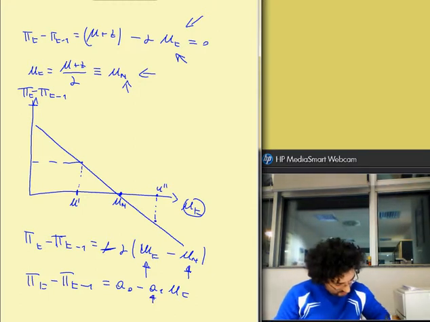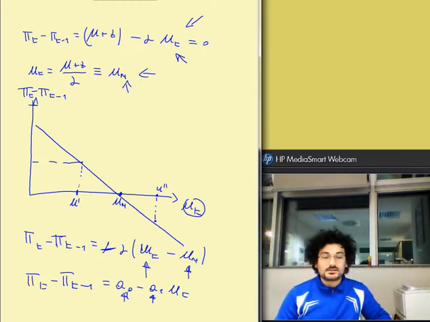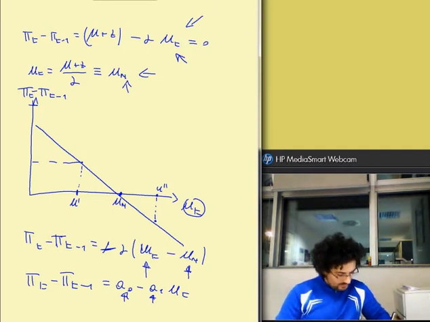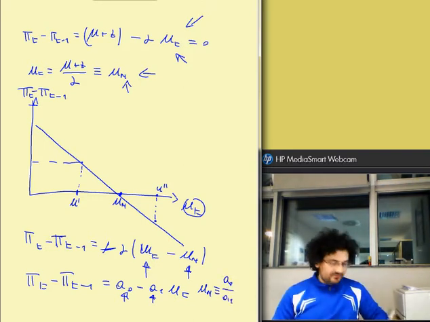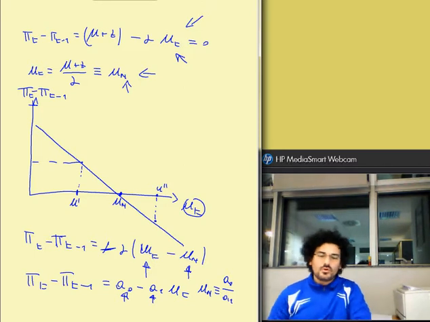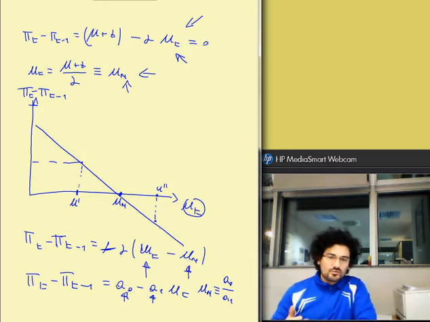To compute these two parameters, the unemployment rate that does not increase or decrease the inflation rate will be the natural level of unemployment, which can be computed as a0 divided by a1. So we can estimate these two parameters in order to have an idea of what the natural level of unemployment is.